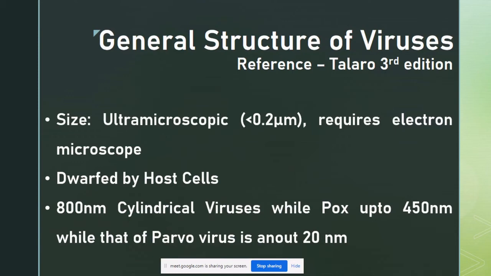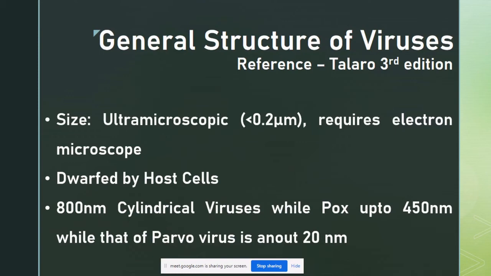But if we talk about cylindrical viruses, their length is 800 nanometer. Okay, whereas their diameter comprises only up to 15 nanometers. So lengthwise it is very big, but diameter-wise it is very small.